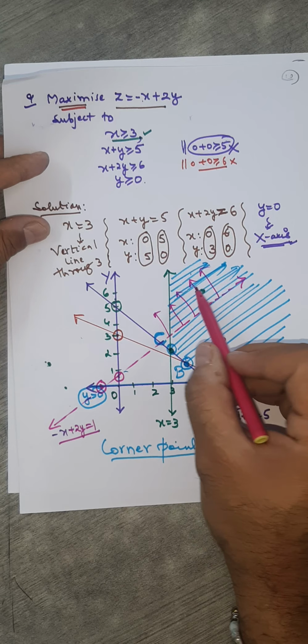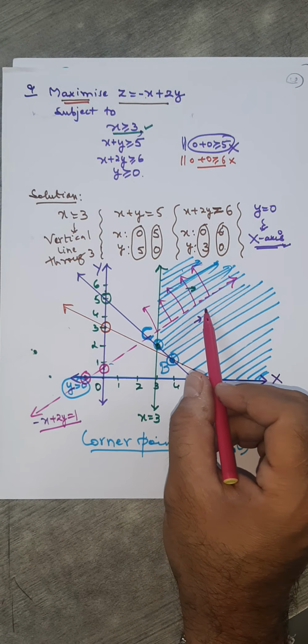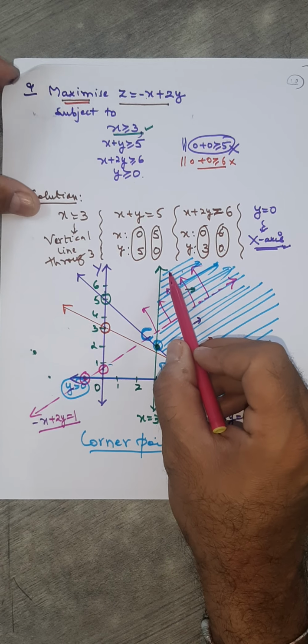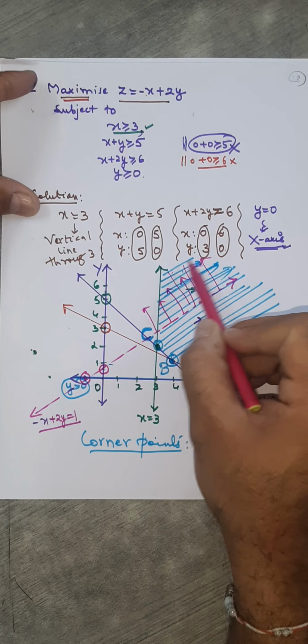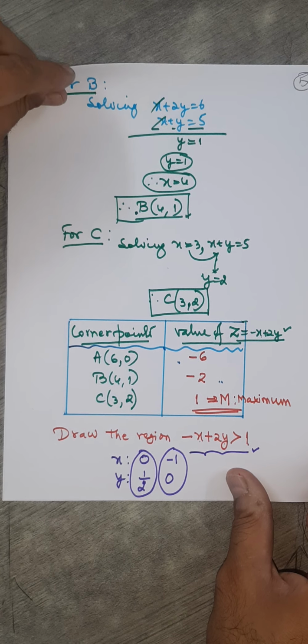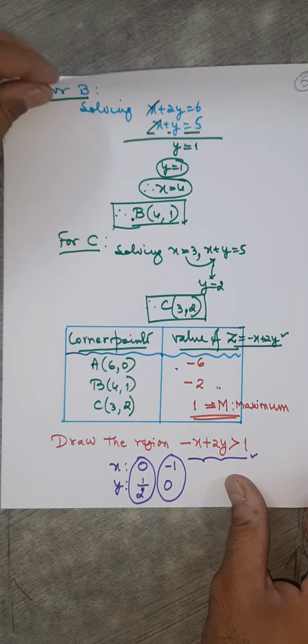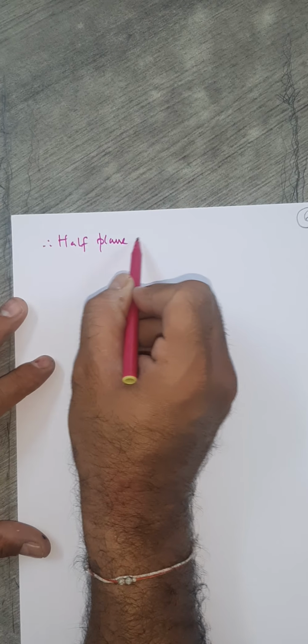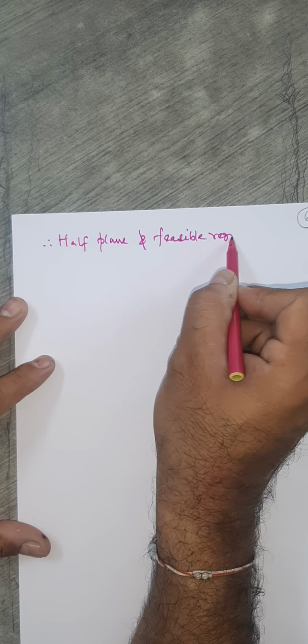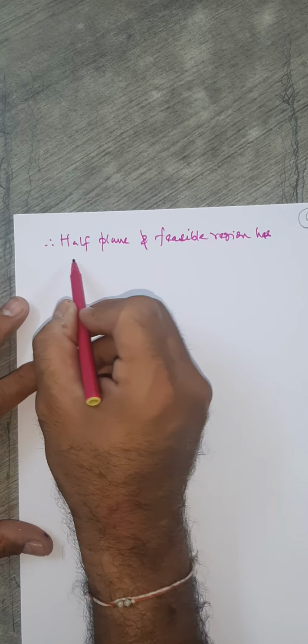What have you noticed? Is there any common point between the feasible region and the upper half plane? Yes, these are all common points. So I'll write in the next line: the half plane determined by the above inequality and the feasible region have common points.